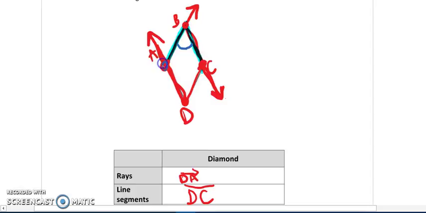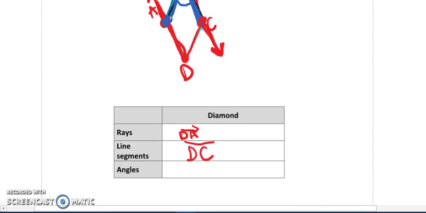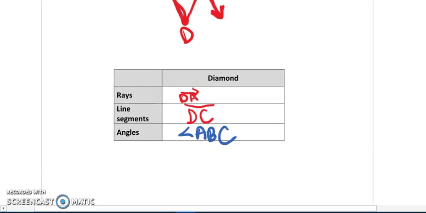So we're going to call it A, B, C, because the vertex is the middle, it has to be the middle point. So we found angle, oops, sorry, I just did that backwards. Found angle A, B, C. Okay, thank you.